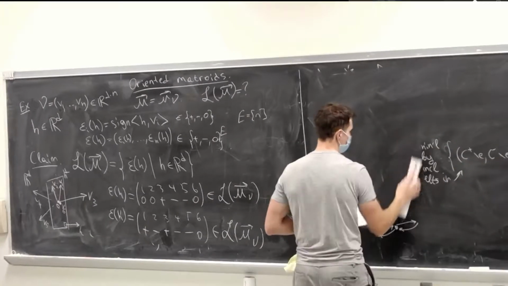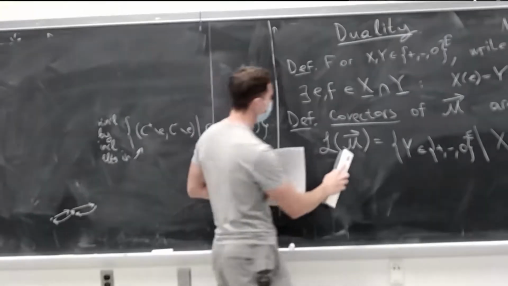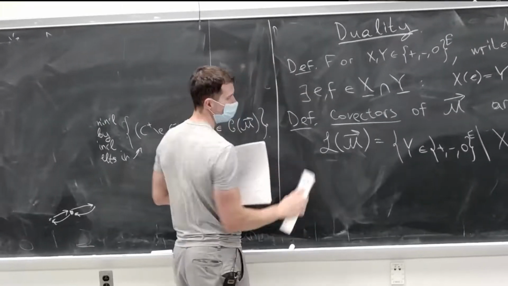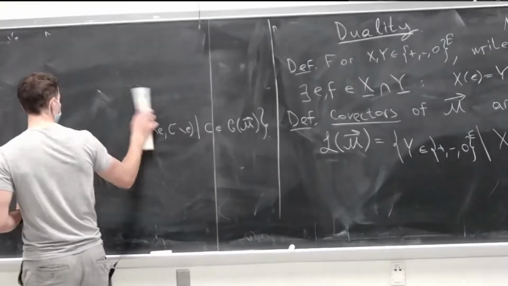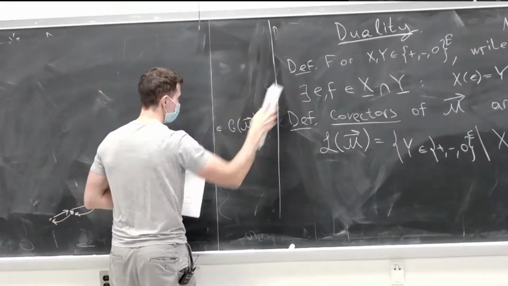It's an exercise to check. An easy exercise is: why is every covector orthogonal to every circuit, in this sense of orthogonality?